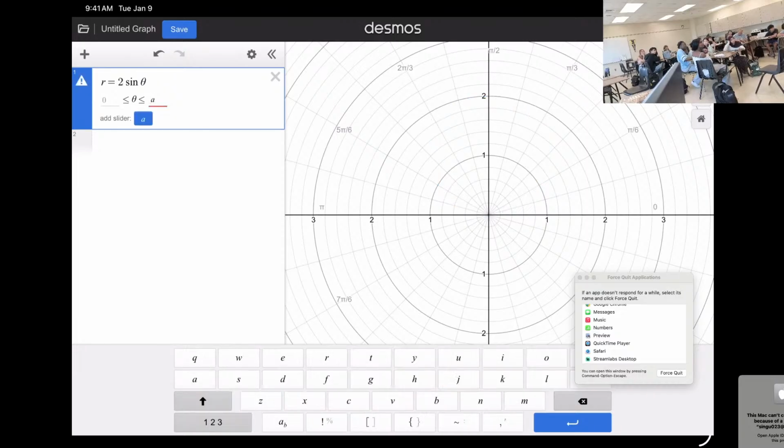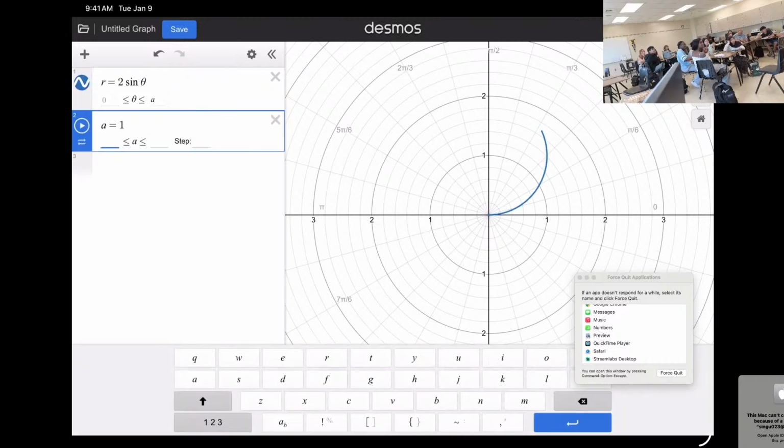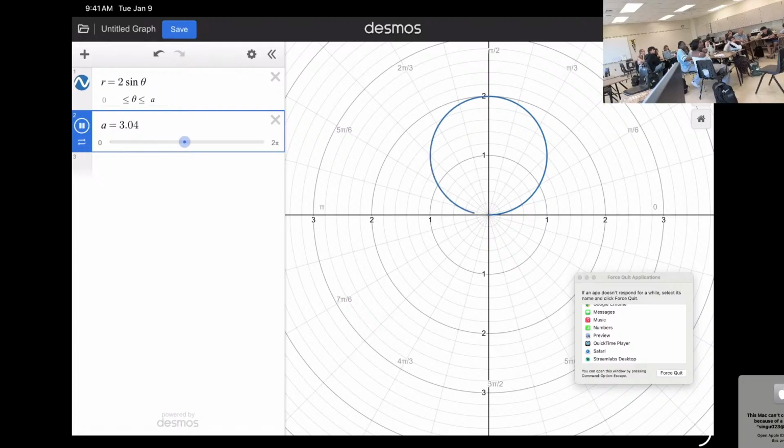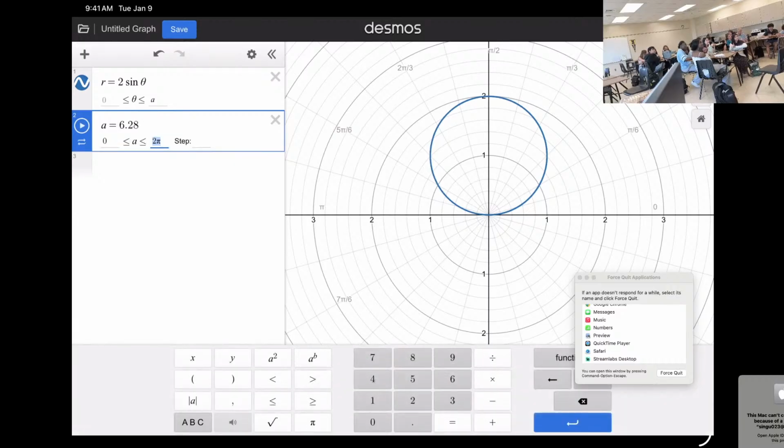If you change theta from 0 to a, usually I'll change from 0 to 2 pi, and this is how they're going to form. Actually, it's 0 to pi. We only need 0 to pi. That should be good enough.